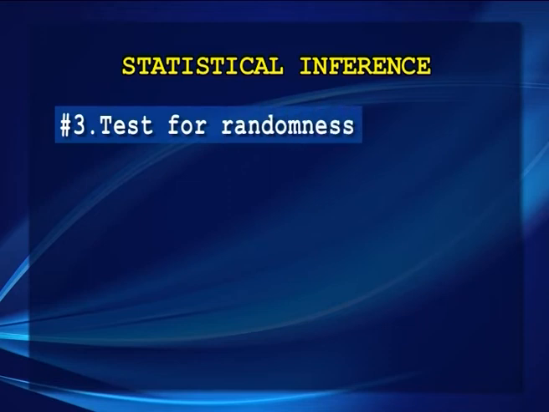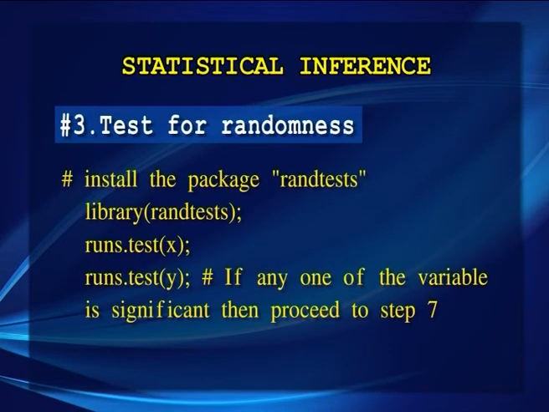Next we will test for randomness. For this, first install the package randtests, then library(randtests), runs.test(x), runs.test(y). If any one of the variables is significant, then again proceed to step 7.